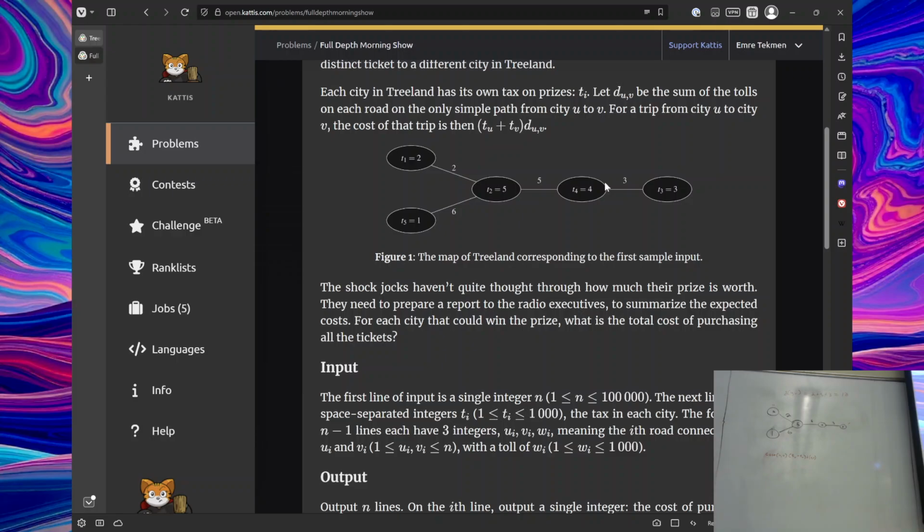So what it's saying is, for all u, the total cost from u is just going to be the sum over all v of t_u plus t_v times d(u,v).